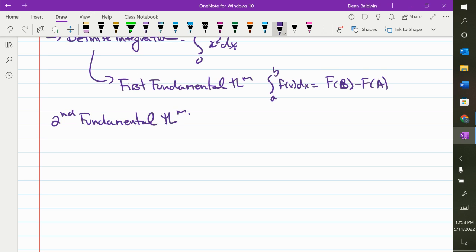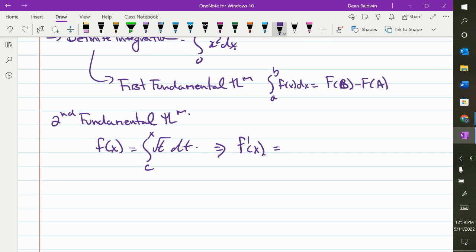The second fundamental theorem says that if you have f prime of x defined as the integral from 0 to x, I'll put c for a constant because it doesn't have to be 0, of f of t dt, then f prime of x is equal to, I picked the wrong one, let me write an actual formula. Say it's root t, an actual example.